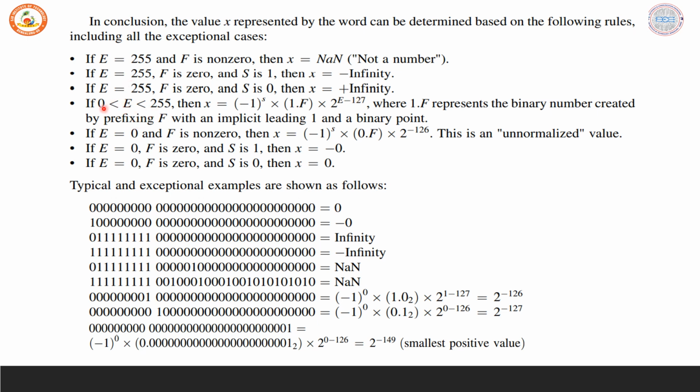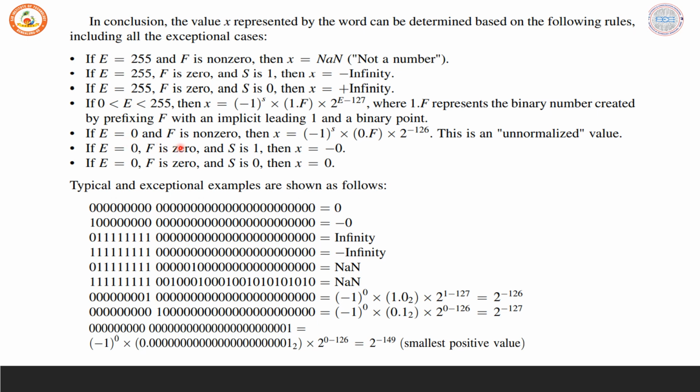With E lying between 0 to 255, X is given by this, where 1.F represents the binary number created by prefixing F with an implicit leading 1 and binary point. These are the rules that we apply.